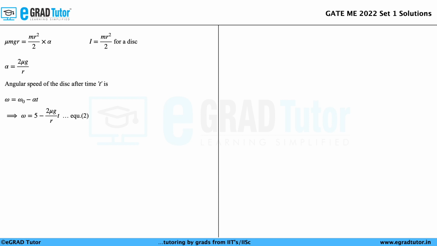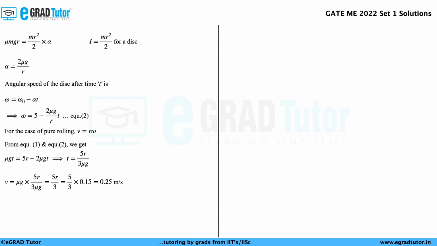It is to be noted that for the case of pure rolling, the velocity v is r into omega. Now using equations 1 and 2, we get the time interval t as 5r by 3 mu g. Substituting the corresponding values and finding out the velocity will give us 0.25 meters per second. The correct answer range given for this question is 0.24 to 0.26.